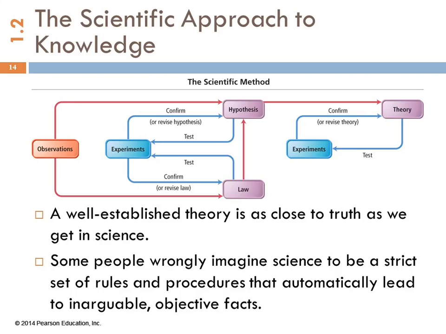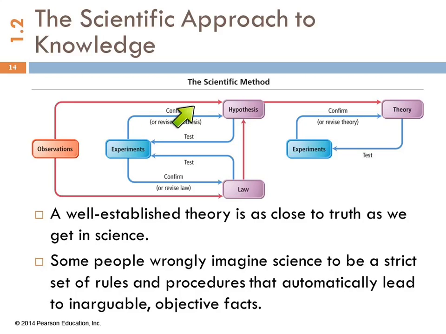So here's kind of an overview. We've got observations. That leads to a hypothesis. The hypothesis then, we're going to test it through experiments, and that may confirm the hypothesis, or it may revise it.